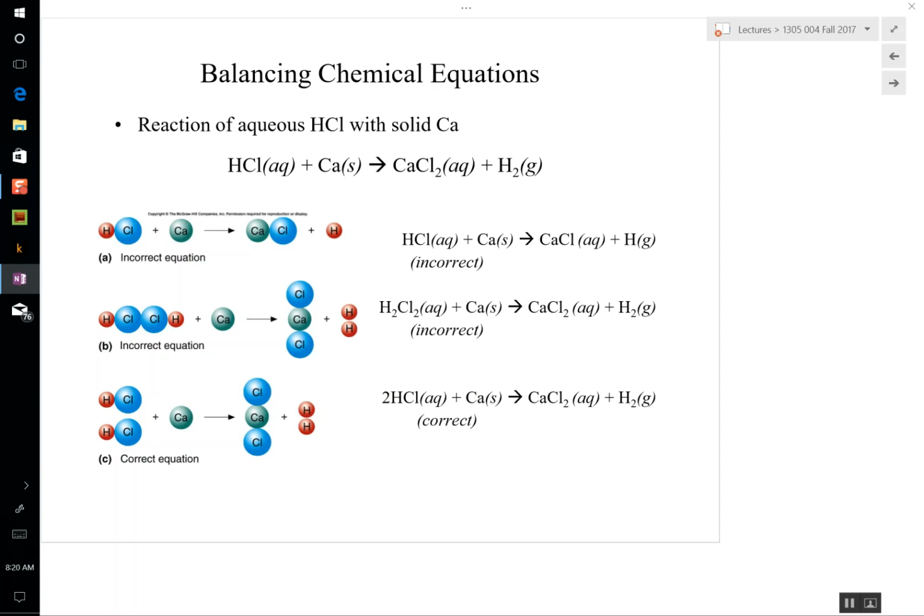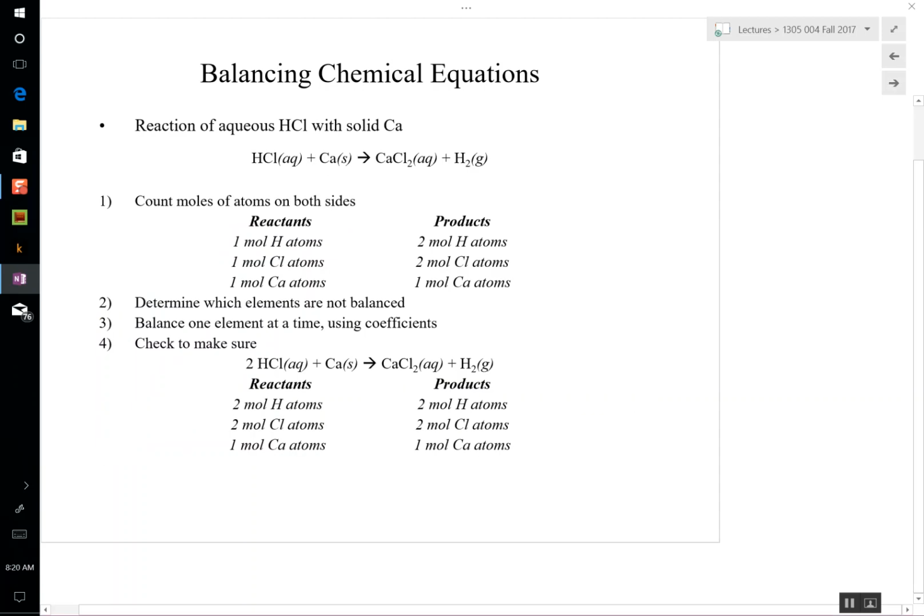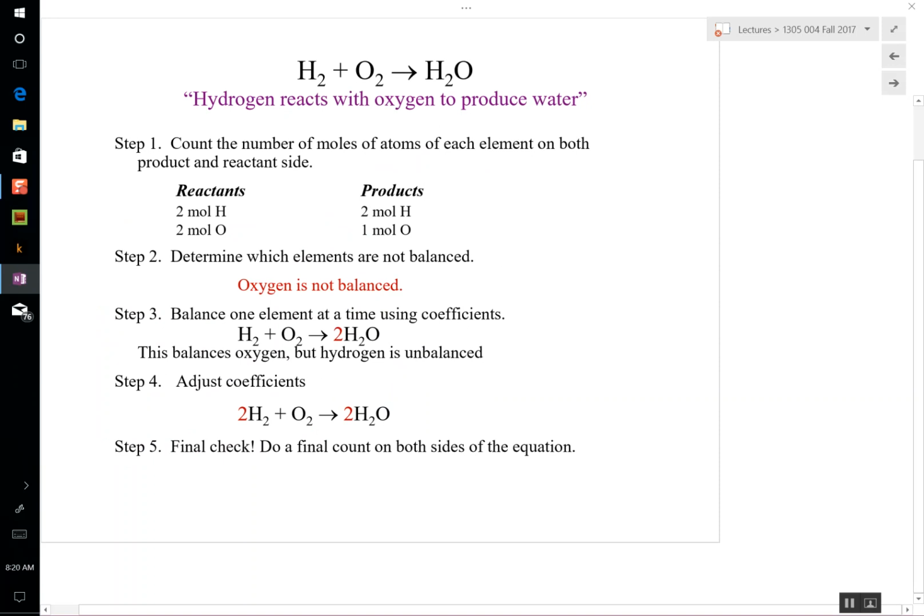It's balanced: 2 hydrogens, 2 chlorides, 1 calcium, balanced equation. It's good just going through how to balance H2 plus O2 to form water.